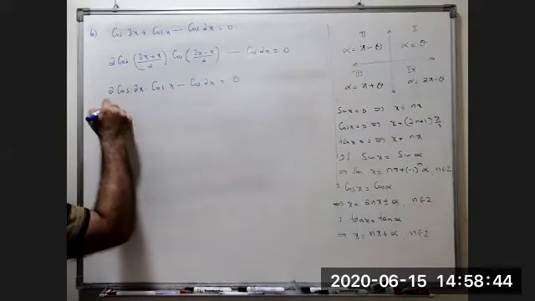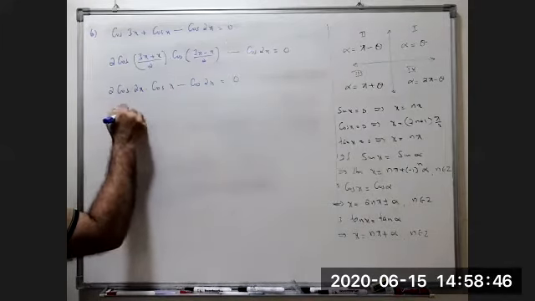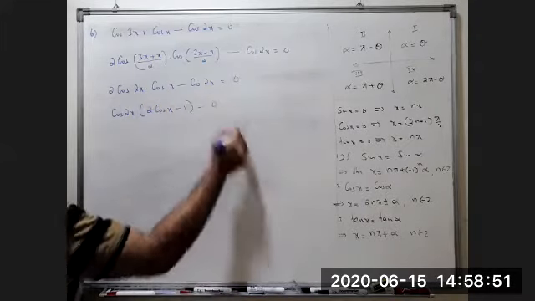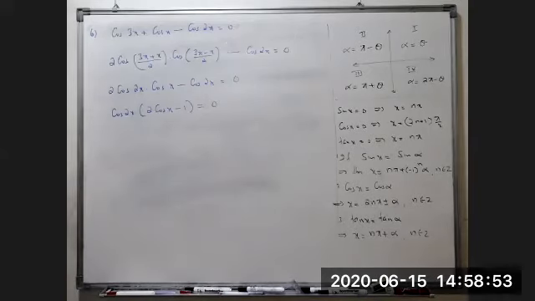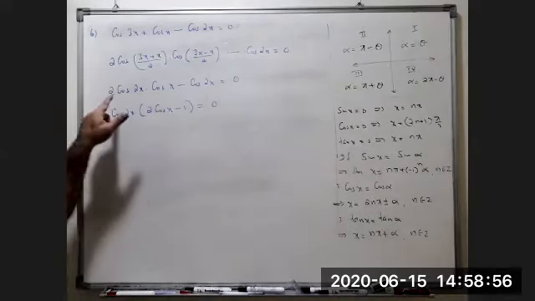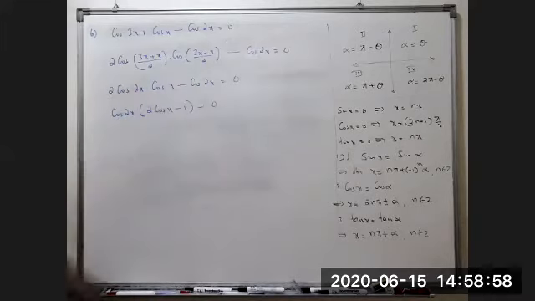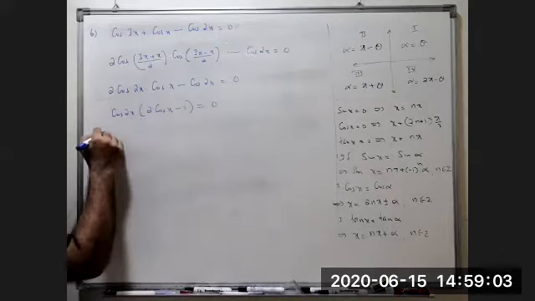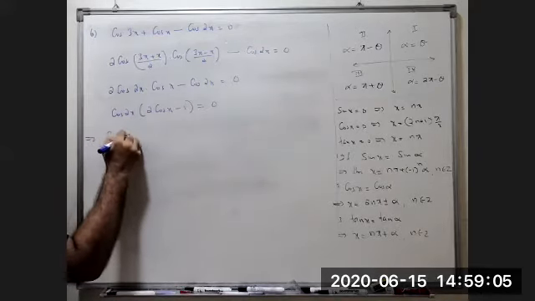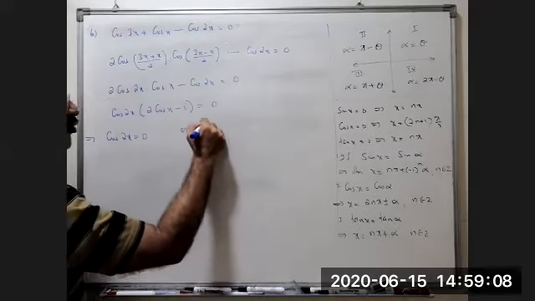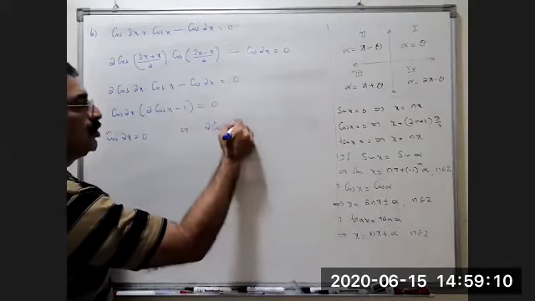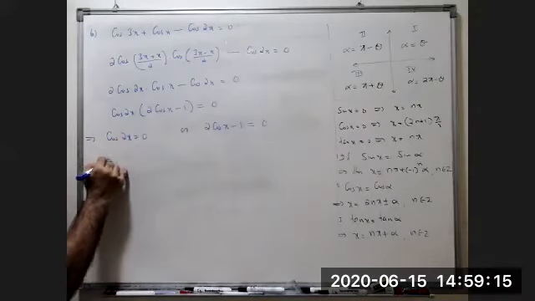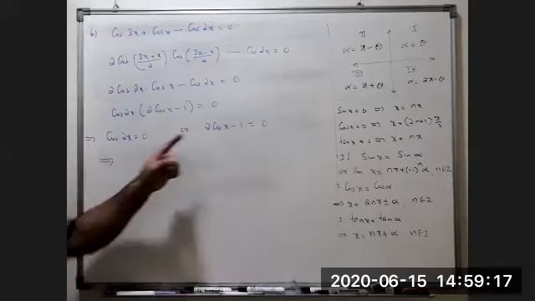Taking cos 2x common, cos 2x into (2 cos x minus 1) is 0. If you take cos 2x common, left out is 2 cos x minus 1. If the product of 2 factors is 0, cos 2x is 0 or 2 cos x minus 1 is 0. If cos 2x is 0, from this we can write the general solution.